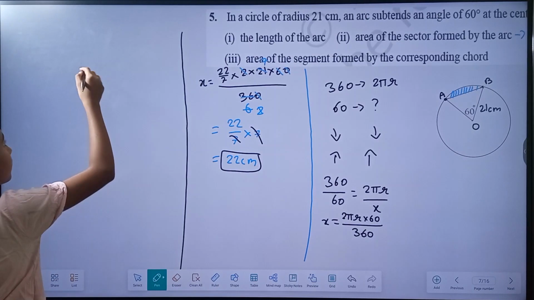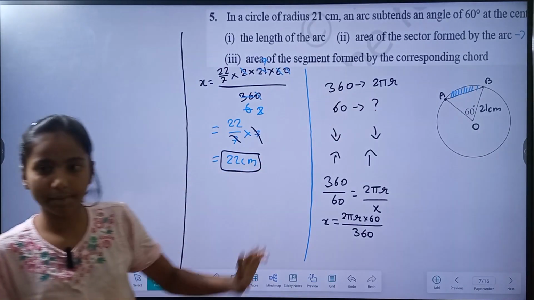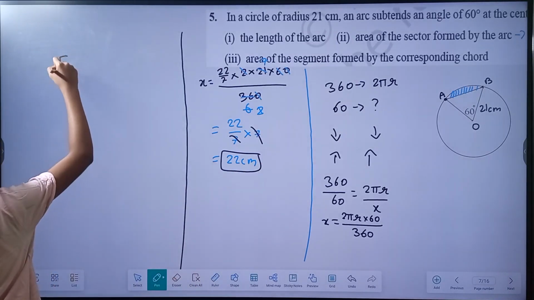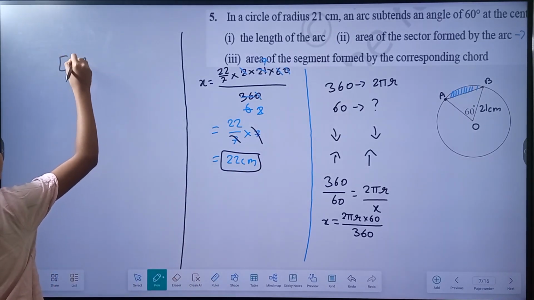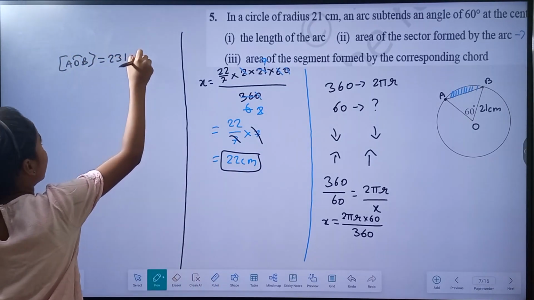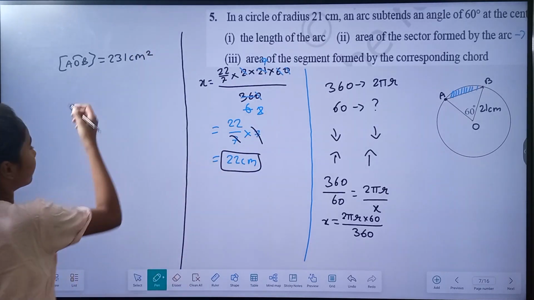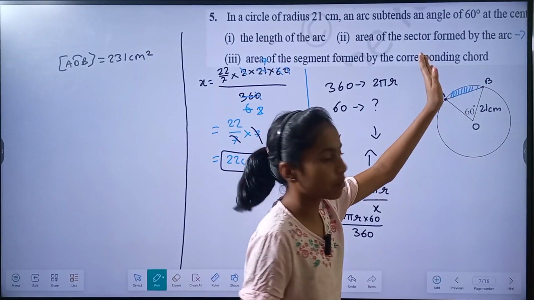So we have area of sector AOB, we already know, which is 231 centimeter square. And we want the area of triangle AOB. Let's draw the height from O to AB.